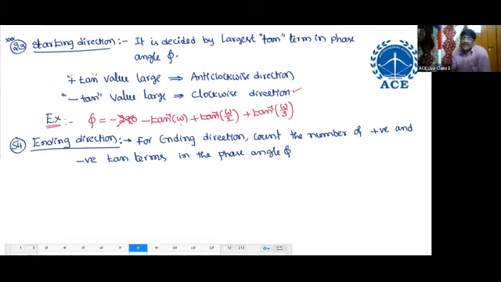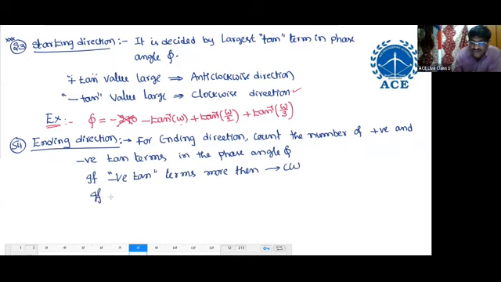For the ending direction, count the number of positive and negative tan terms in the phase angle pi. For example, here count it. Which are more? If negative tan terms are more, then the direction is clockwise.